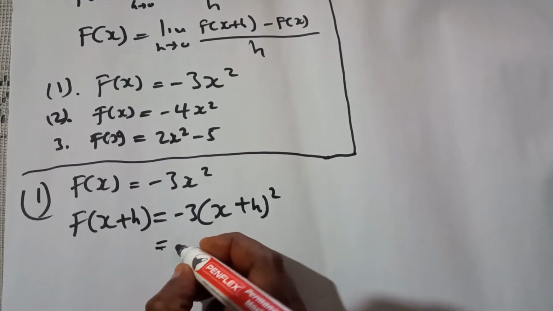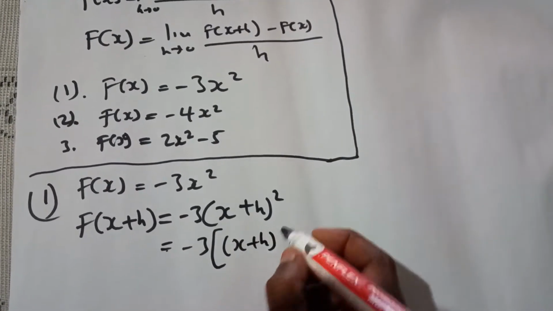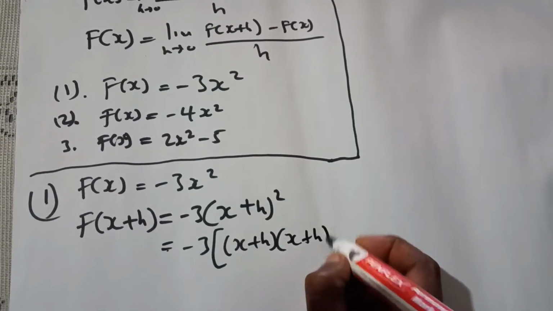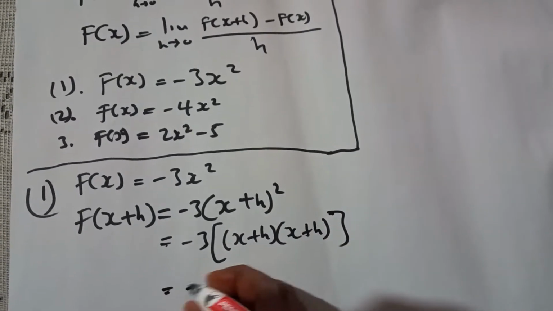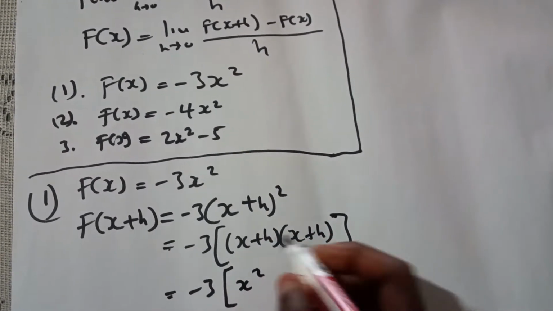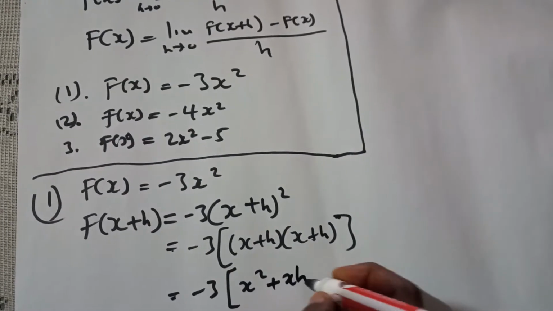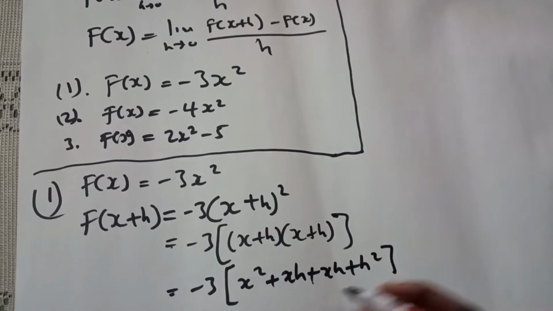So it's going to be negative 3 times x plus h, x plus h, which is negative 3 times x squared plus xh plus xh plus h squared.